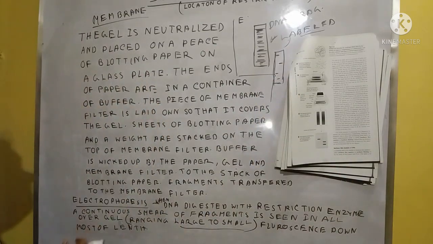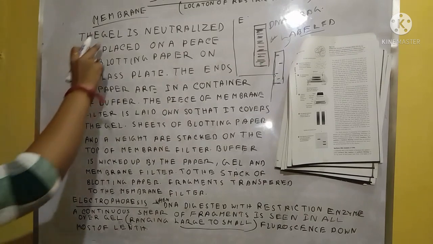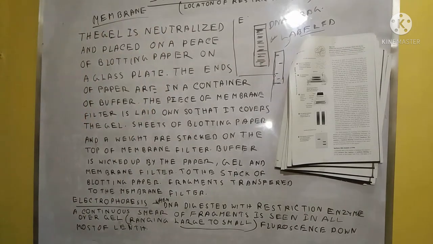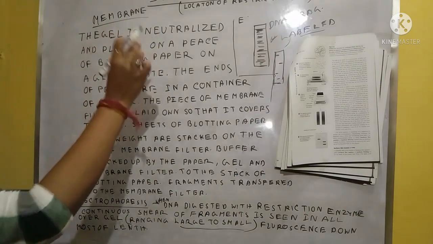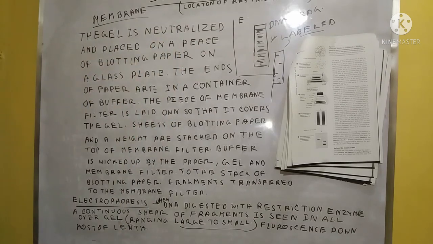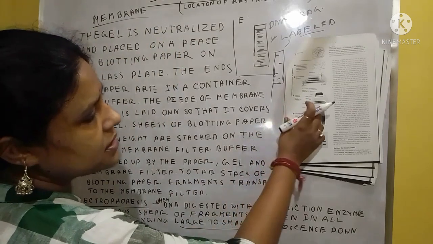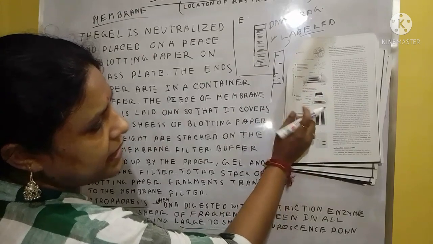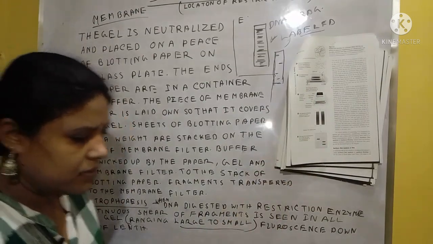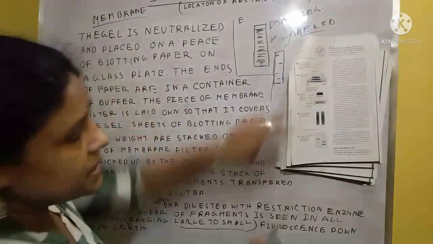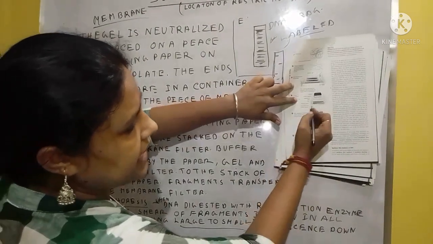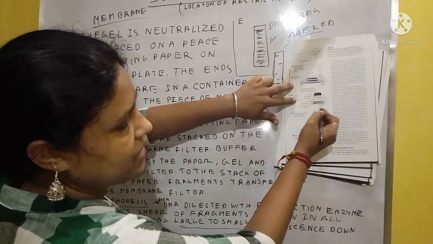So what happens in the membrane filter? Here the gel is totally neutralized and placed on a piece of blotting paper. You can see this in the picture. This is the tray, and it contains the buffer solution.